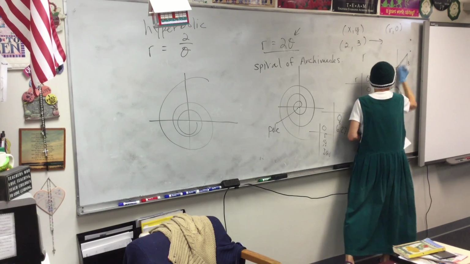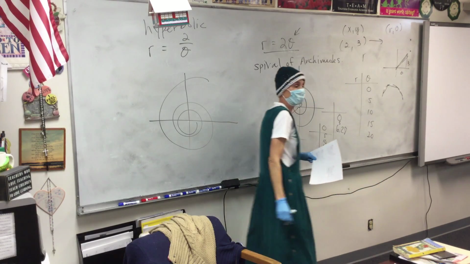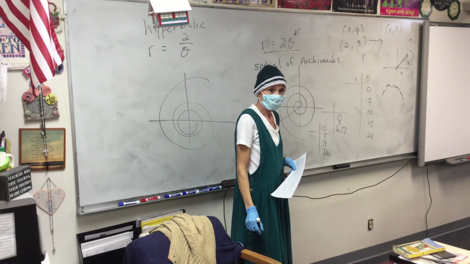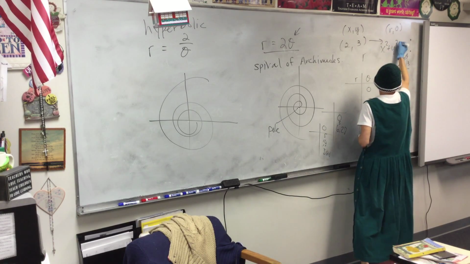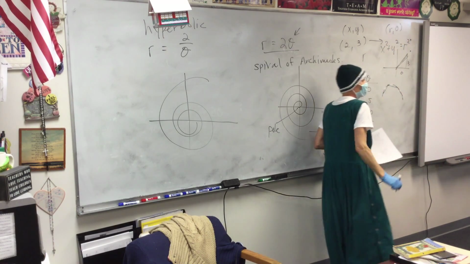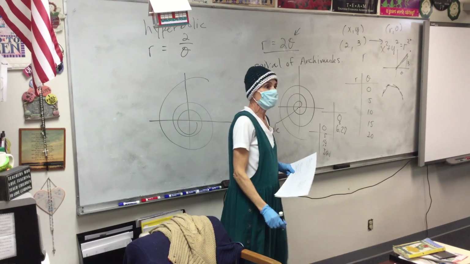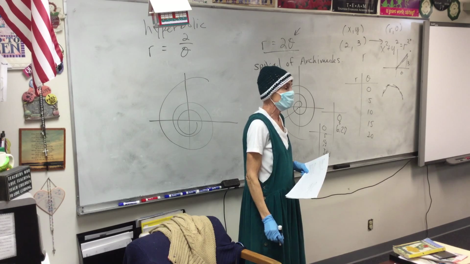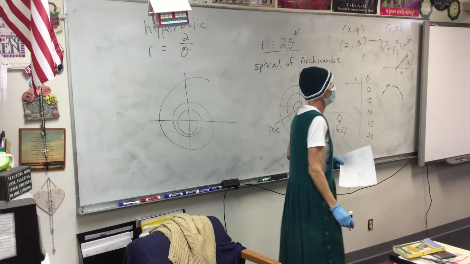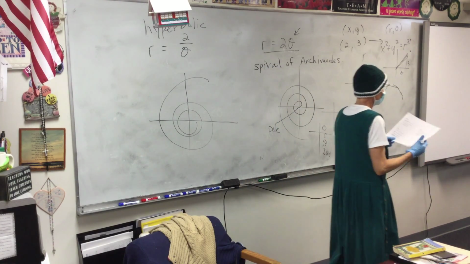Isn't this r? How do we find r? Pythagorean theorem. We know that x squared plus y squared equals r squared every single time. So if you know x and y, can't you find r? Yes. How do you convert from rectangular to polar? X squared plus y squared equals r squared.